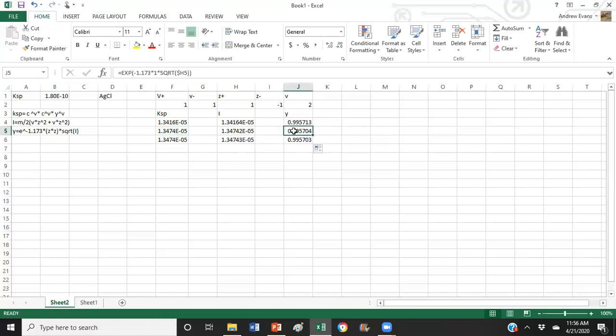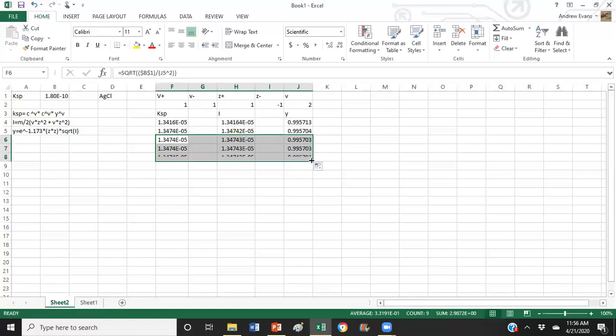Now we're square rooting, instead of J4, it's J5. I can keep dragging this down and it'll keep changing ever so little. But you notice now that the activity coefficient has not essentially changed, and this hasn't essentially changed.